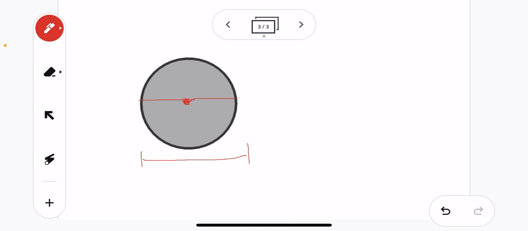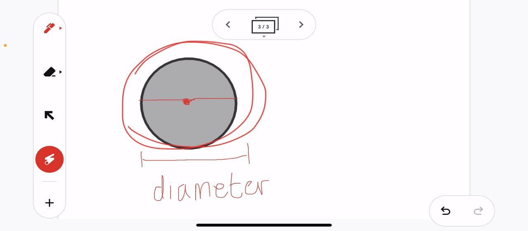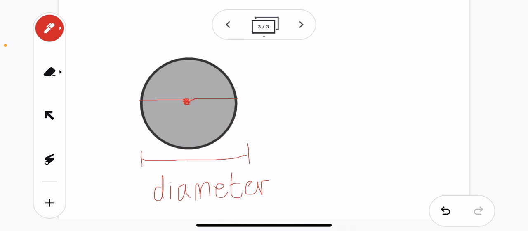It's called the diameter. To find the circumference, or the perimeter of that circle, you need to use the diameter, and there's a special formula for that. It's going to be diameter times pi.